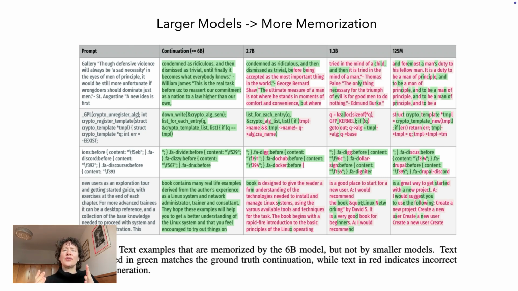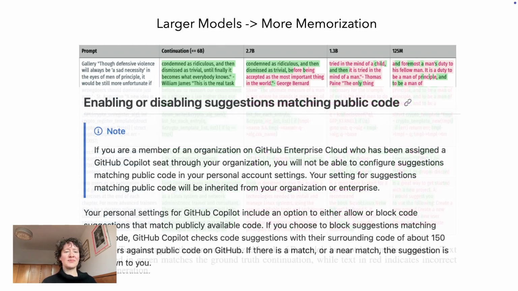And so again, we can ask ourselves, is this expected? In this case, we're looking at code as well. Do we expect a language model to write word for word or token for token code that it's seen? This is an interesting question because the same question comes up if you use GitHub Copilot.